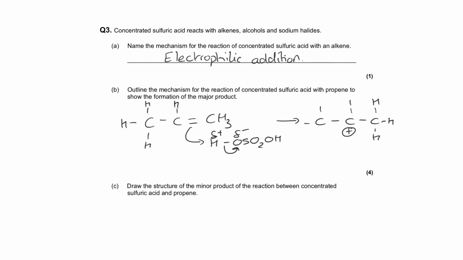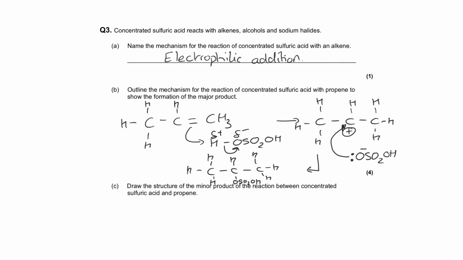So the carbocation is going to be positive in the middle, and then the OSO2OH minus with the double bond is going to attack that carbon, and that's going to form our product, which I've run out of space for, which is OSO2OH and then H. Okay.